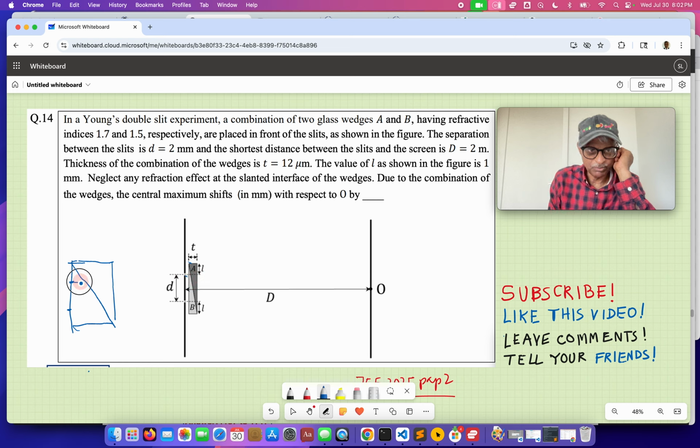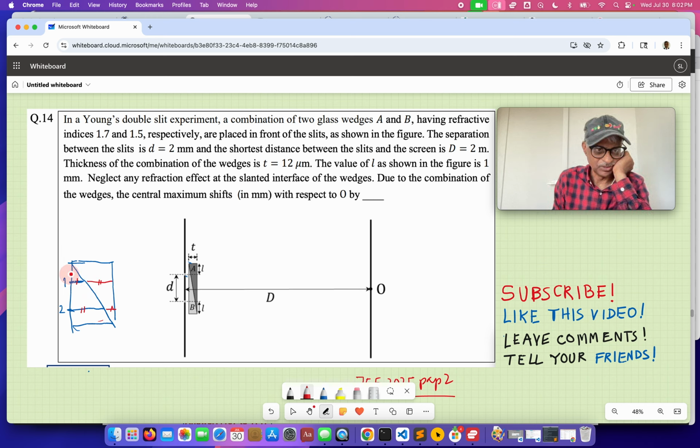This ray has to go through this much in this medium and this much in the second medium. And this ray, from slit 1 and slit 2, has to go this much in this medium and this much in the other medium. So you'll see that this must equal that just from the geometry, and this is equal to that. So we just have to figure out one of them.